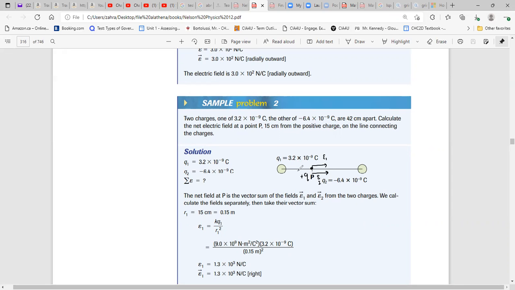So it's easy now. We calculate the magnitude of E1, kQ1. Q1 is 3.3 times 10 to the power negative 9. Just put it there. r is 0.15 meter. Maybe this is the middle, meaning you need to halve the distance, 42 divided by 2, and then turn it from centimeters to meters.